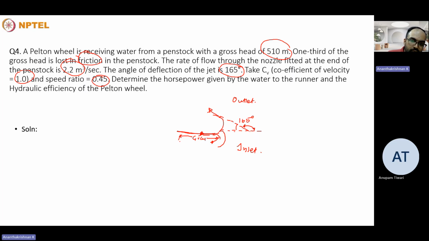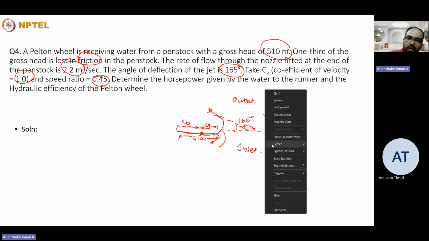There is no axial component. And then if you consider relative velocity, you need to take into consideration the blade velocity. So if this is the blade component, CB, the rest will be the relative velocity, CR1. Though this is a straight line, this is actually the inlet velocity consideration.